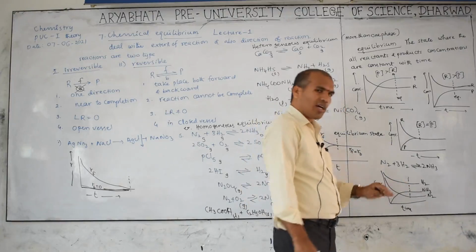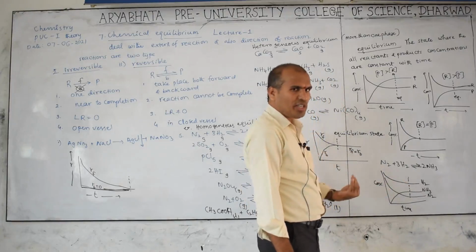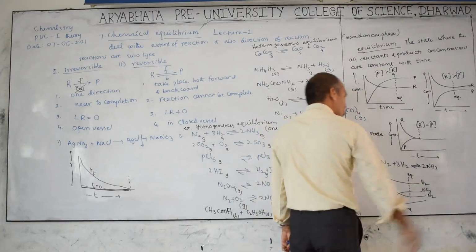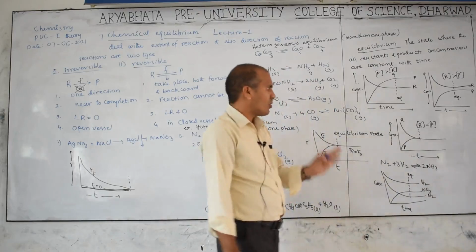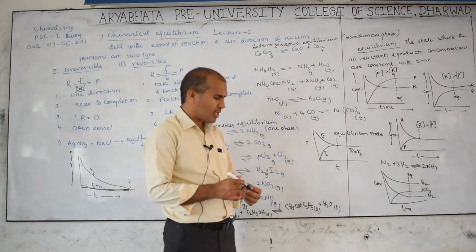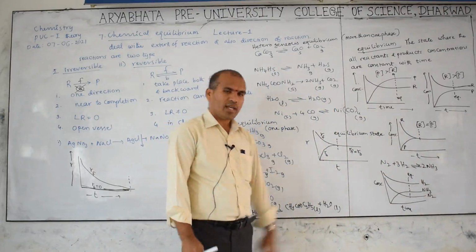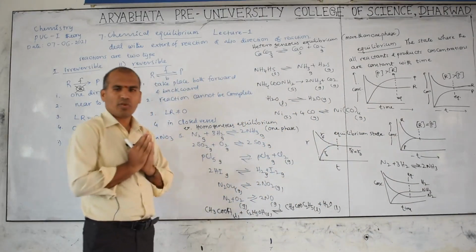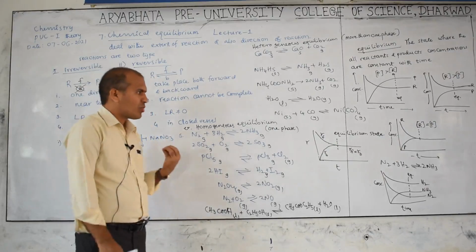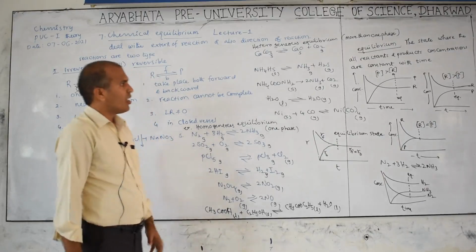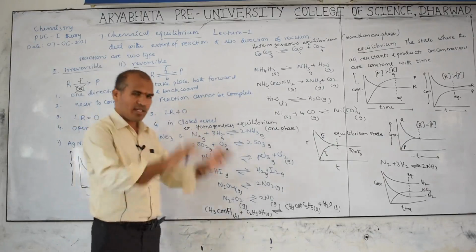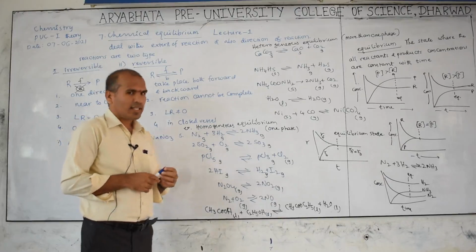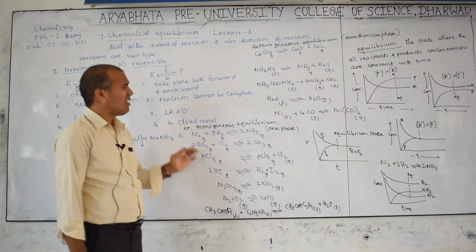Before this, the lines go somewhere up and down, which means there is a change in the concentration. So this condition is known as the equilibrium condition. So with respect to one example I denoted the graph, and generally also I represented it. Now you should know what is reversible and what is irreversible with respect to the graph also. Clear? Now based on all these we will conclude what the characteristics of equilibrium are.